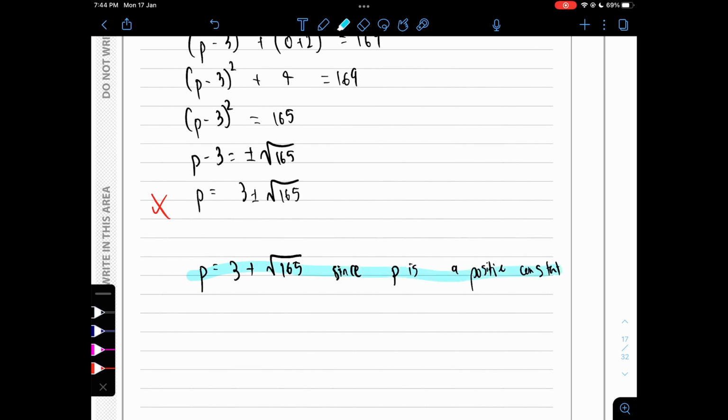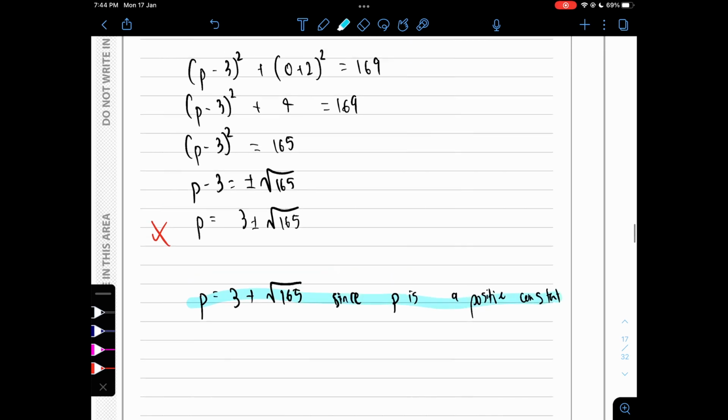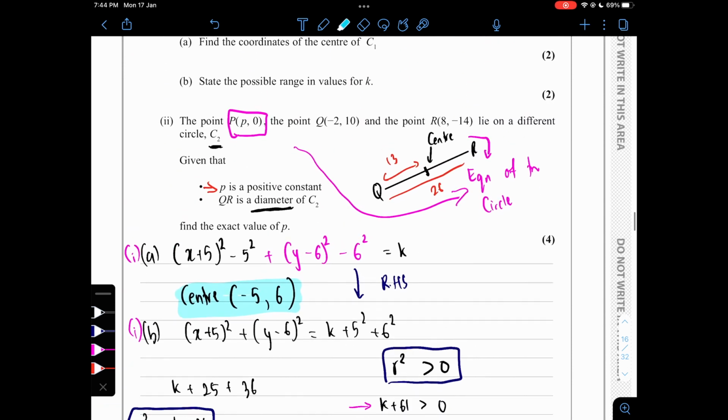Okay, so how did we get here? What we did was, we knew that all these points lie on circle 2, right? And because they lie on circle 2, we can substitute these two coordinates into the equation of a circle to find p.